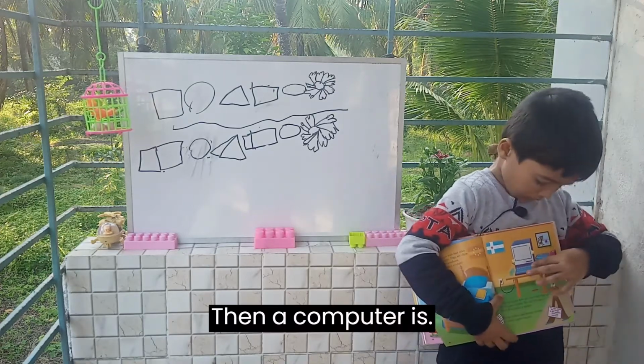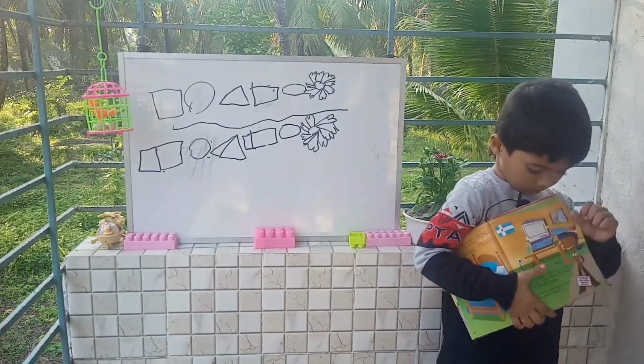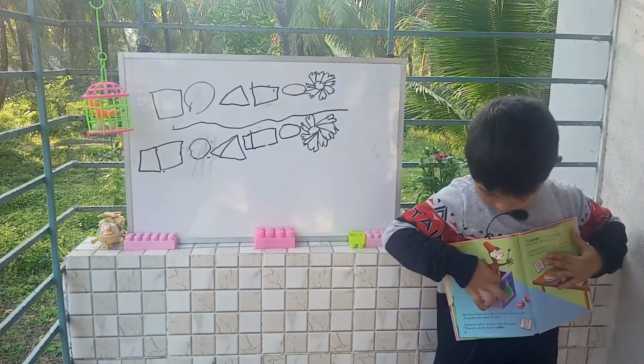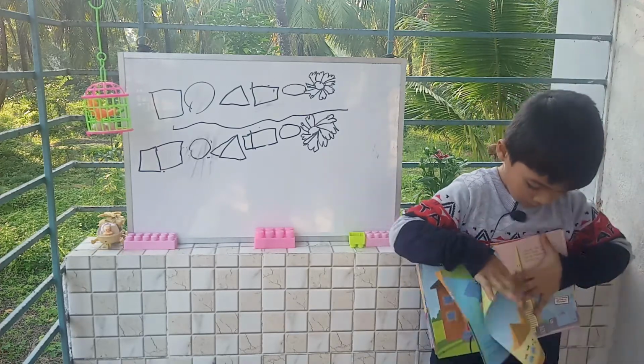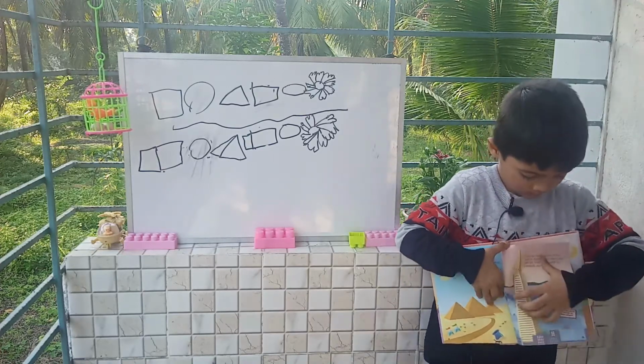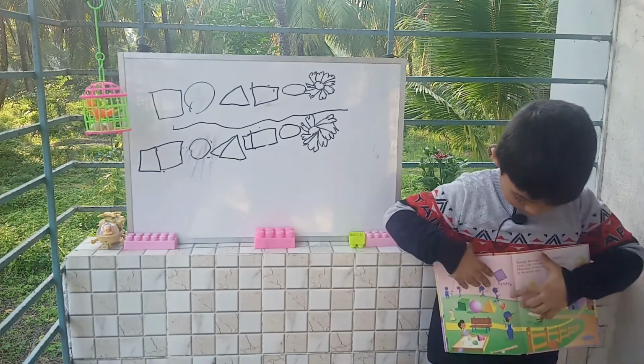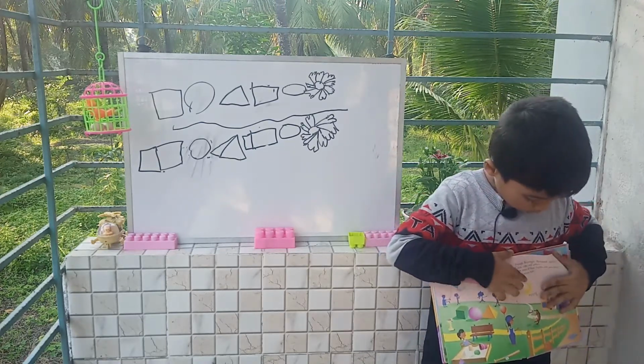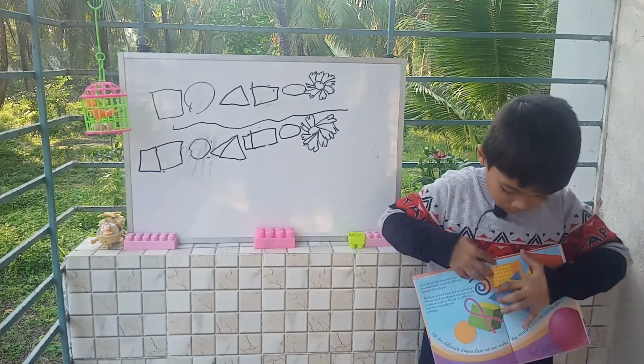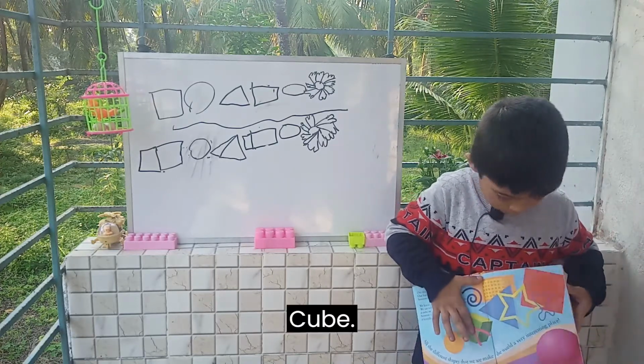Then a computer is a rectangle. Square. Pyramids. Kites. Ovals. Cube.